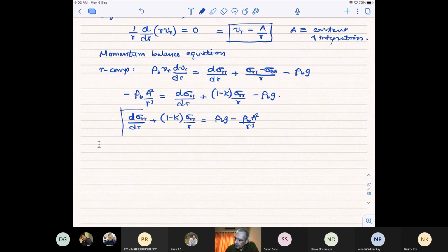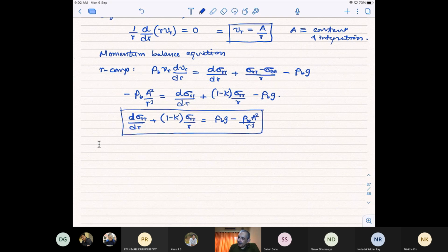So we have to solve this equation. This is a simple equation to solve, and again you can just do it using the integrating factor method.